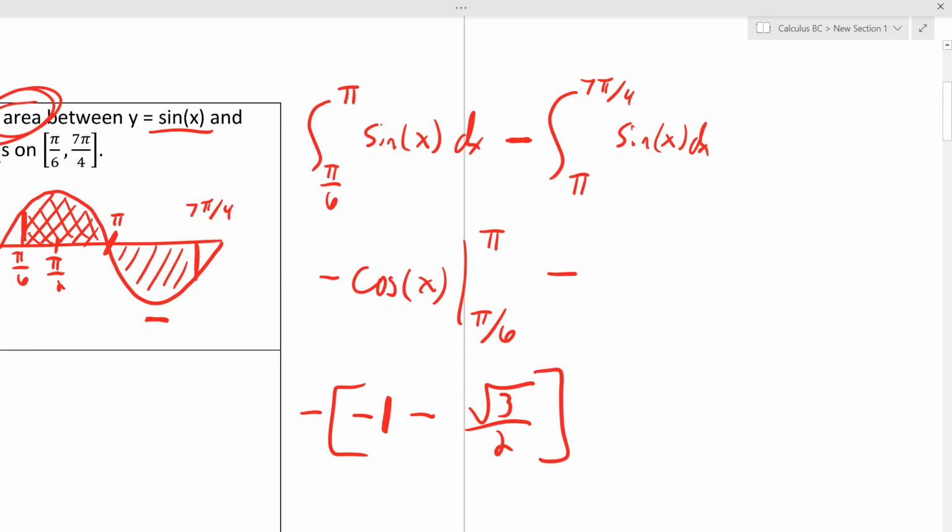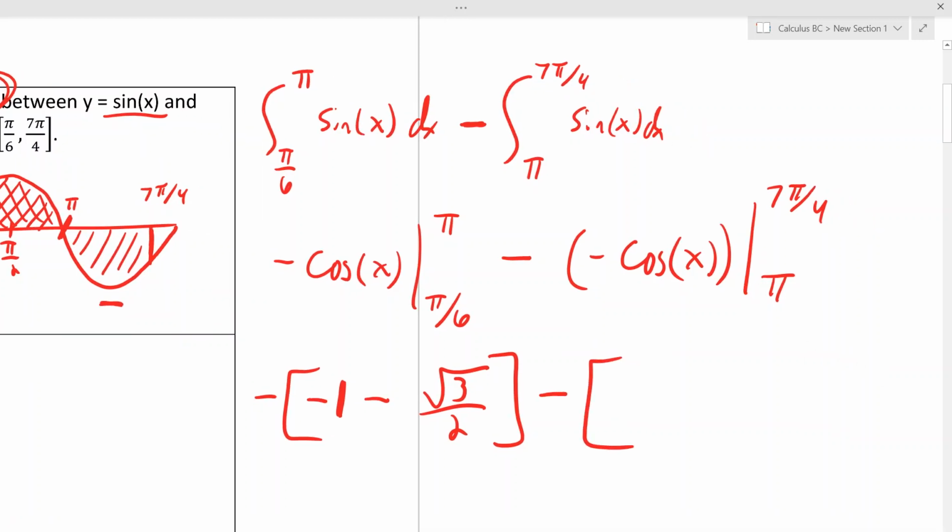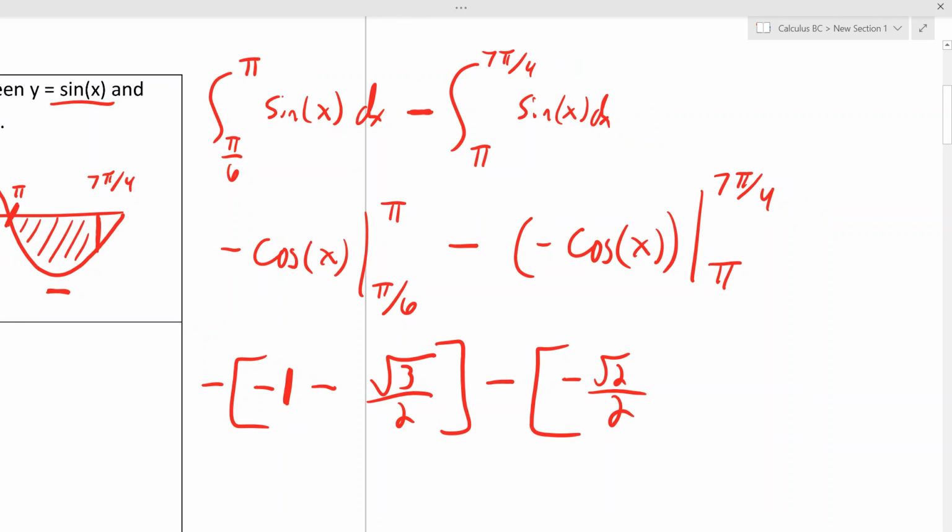And then we have minus the integral of negative cosine from pi to 7 pi over 4. Cool. So it's minus, when you plug in 7 pi over 4, you're going to get root 2 over 2, but it's negative cosine, so you get negative root 2 over 2. Cool. And it should be minus, right, because it's always plugging pi, but it's negative cosine pi, which is negative negative 1, which is positive 1.